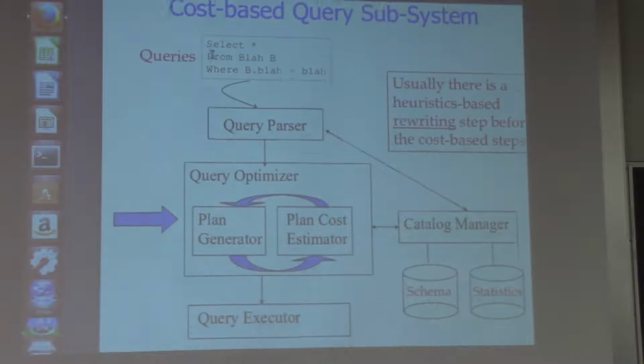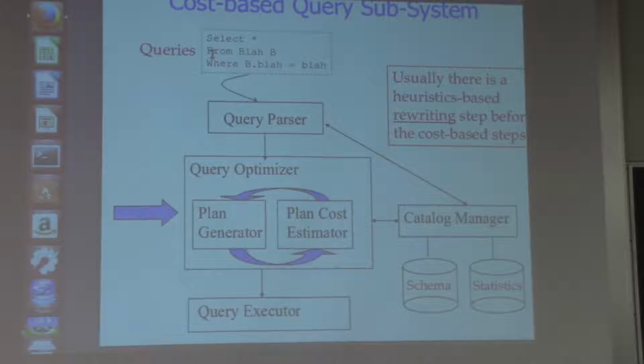So this is an overview of optimization in relational database management systems. And in fact, in many other systems, even things like NoSQL systems, if they try to build a SQL-like query engine on top of their data management system, they will have a query optimizer that is similar to this.